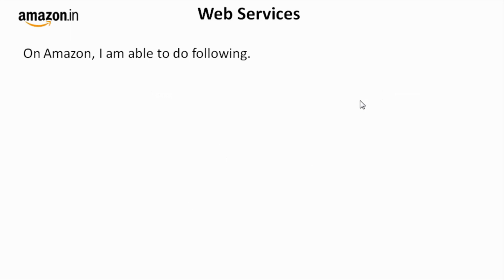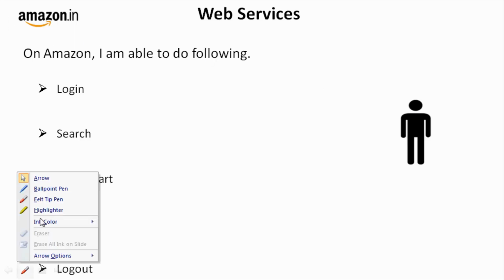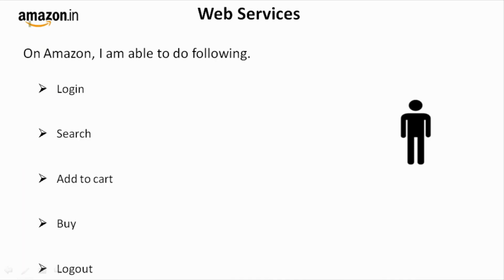Well, let me take an example. Maybe Amazon.in or Amazon.com or Amazon.com.au, whichever country you are in. Using that website, you'll be able to do any of these functionalities. Let me call these business services. So as an end user, if you go to Amazon, you'll be able to access these business services.